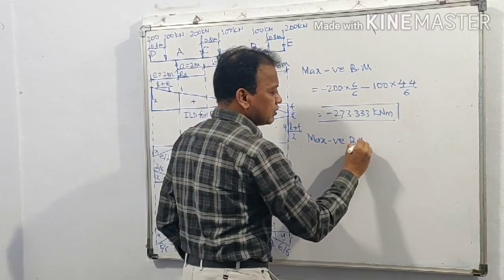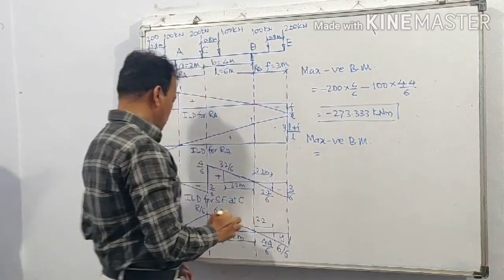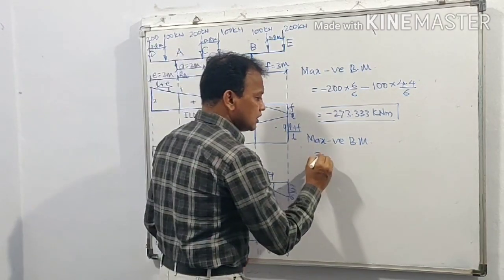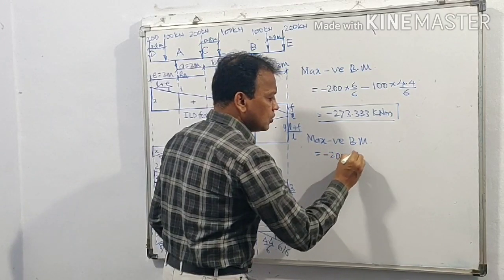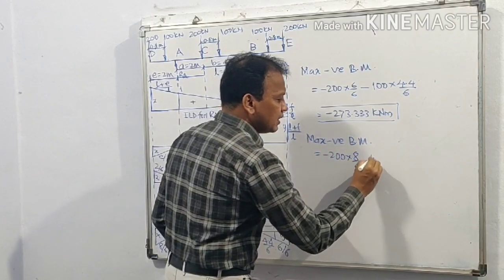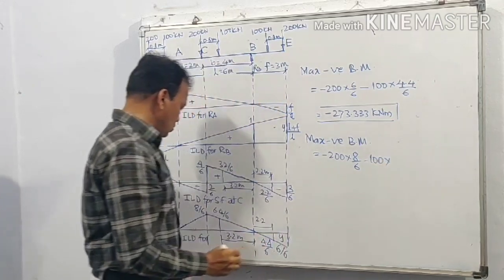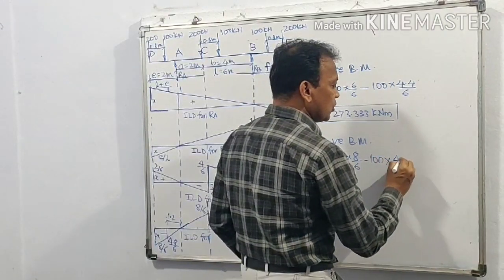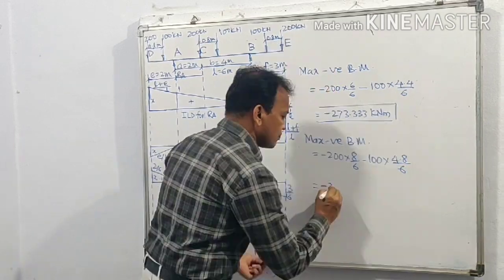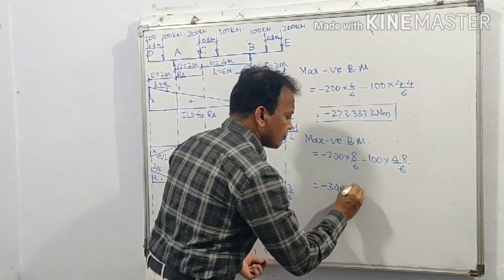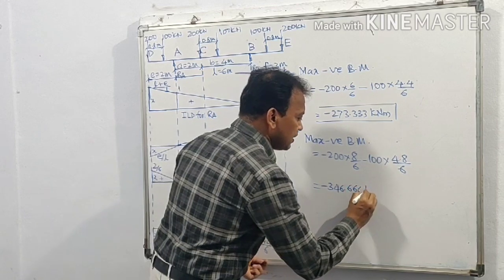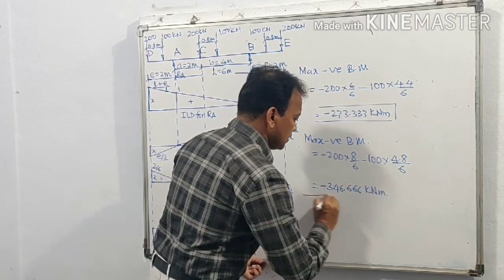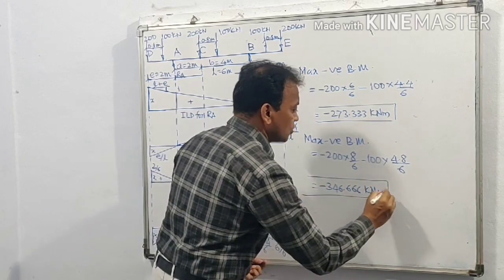So the maximum negative bending moment is equal to minus 200 into 8 upon 6, minus 100 into 4.8 upon 6, which is equal to minus 346.666 kilonewton meter.